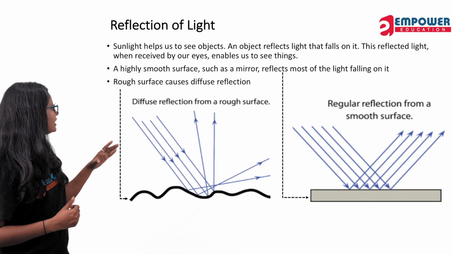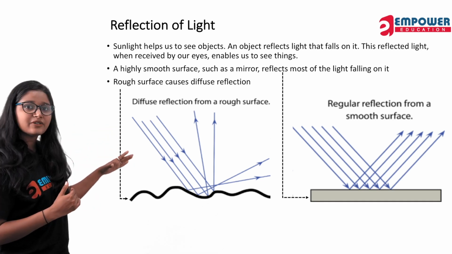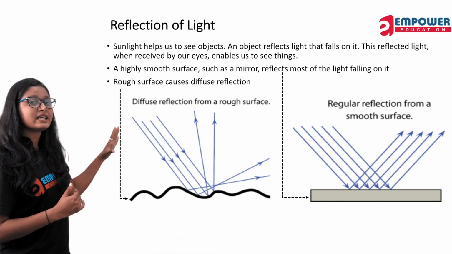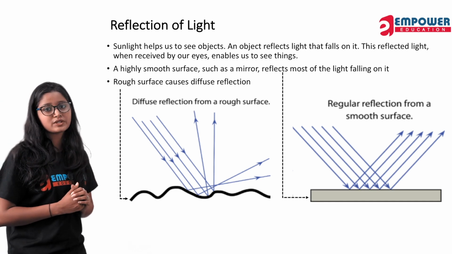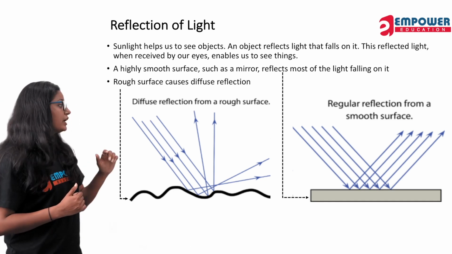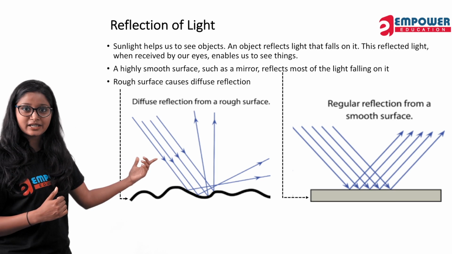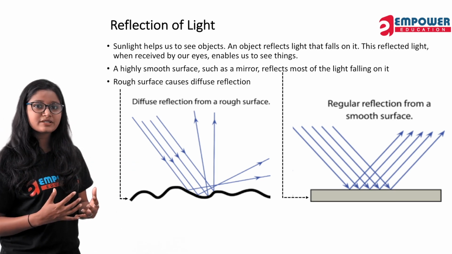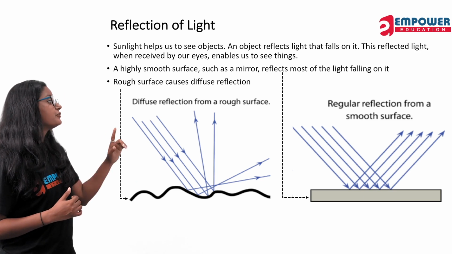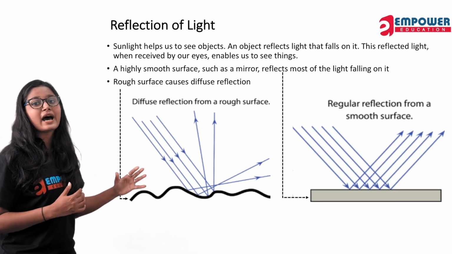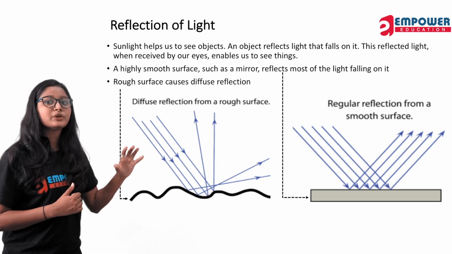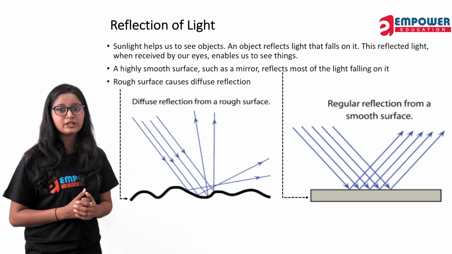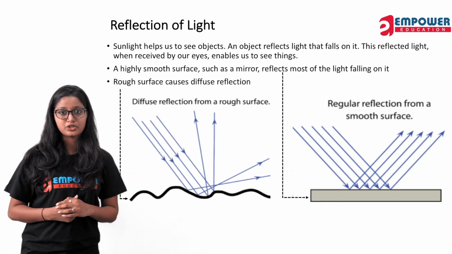They are not in line with each other. This is an example of diffuse reflection. But in the next diagram, the reflection on a smooth surface, you see that the reflected rays are parallel to each other. So this is an example of regular reflection.